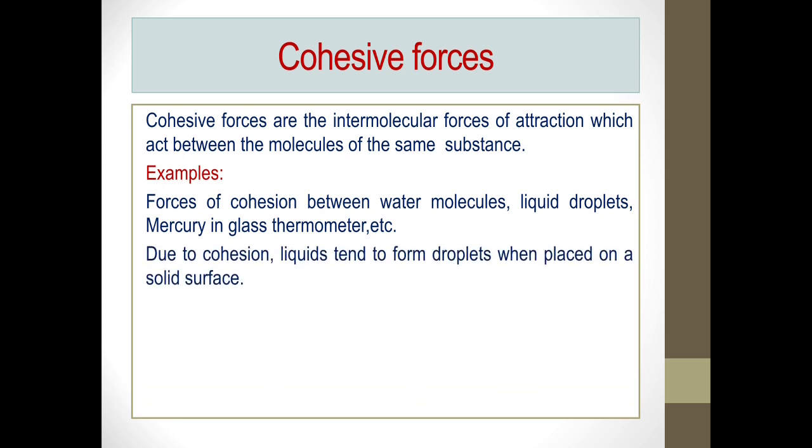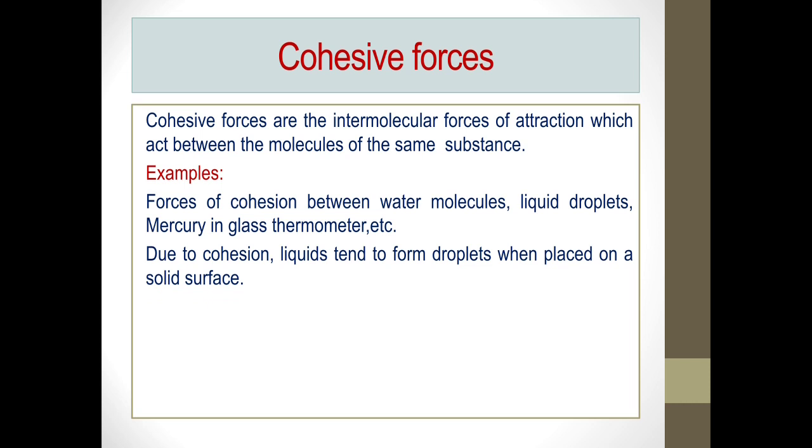And the mercury in the glass thermometer, we can see the mercury in the glass thermometer will rise and it will not stick to the walls. This is because of the cohesive force existing in the mercury molecules.